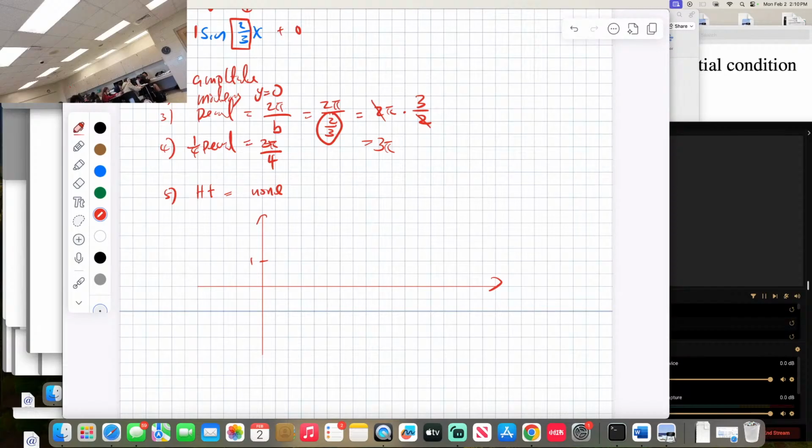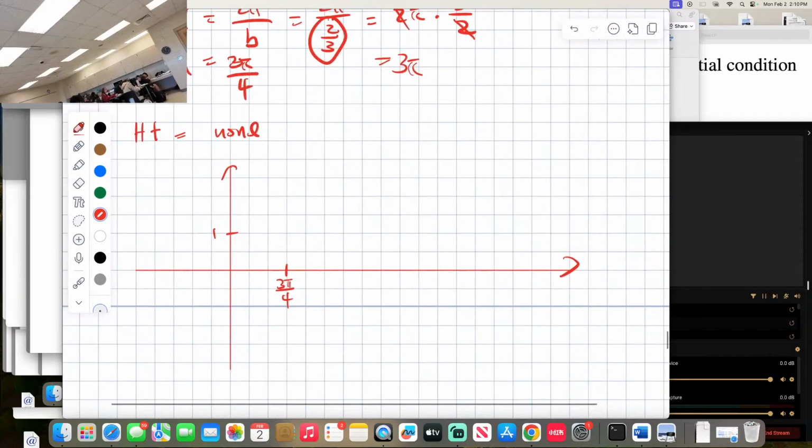Now, every 3 pi over 4. So I'm going to choose 3 pi over 4 as 3 spaces. So each space means what? Pi over 4, right? The next thing I'm going to choose is 6 pi over 4.